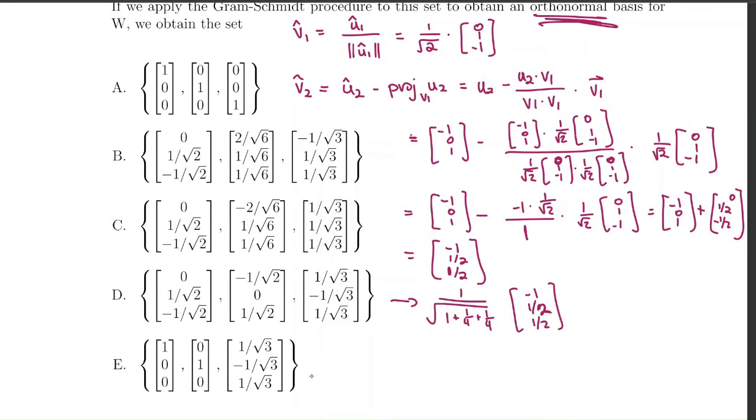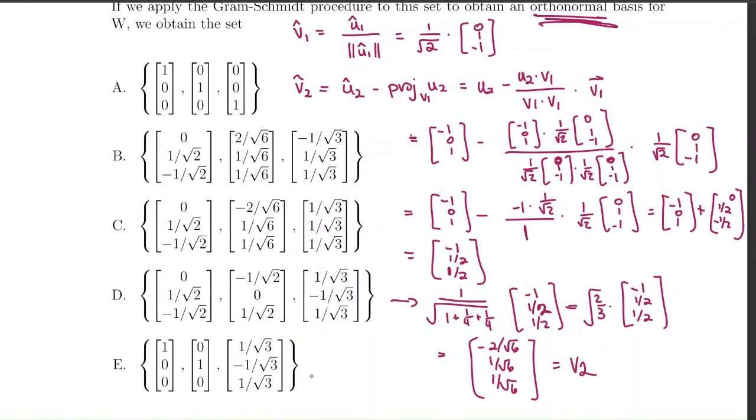So this ends up being square root of 2 over 3 times negative 1, 1 half, 1 half, which I can then simplify to negative 2 over square root of 6, 1 over square root of 6, 1 over square root of 6. And I'll set that as my actual v2.